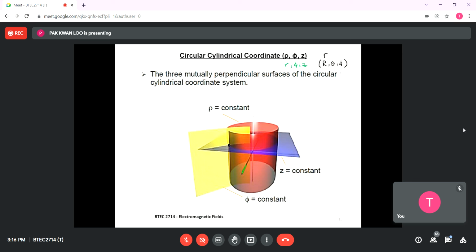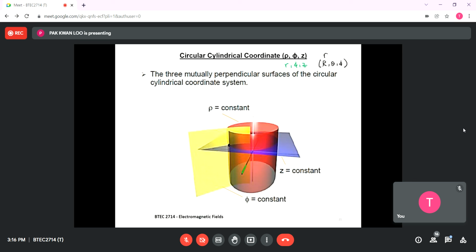Can I use rho? Yes, you can use rho as well. So the variable that you apply is not what distinguishes cylindrical and spherical coordinates. How do we distinguish?